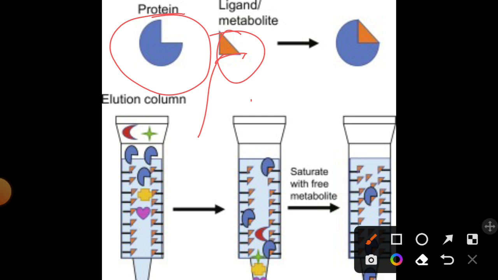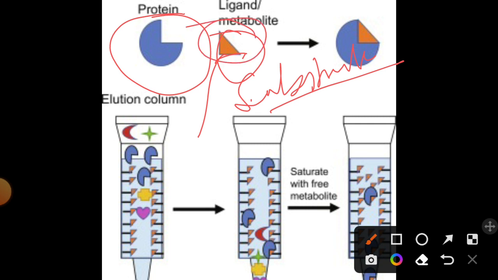And it acts like a substrate in an enzyme-substrate reaction that can selectively recognize its active site in an enzyme. That's how a ligand can selectively recognize the desired protein.